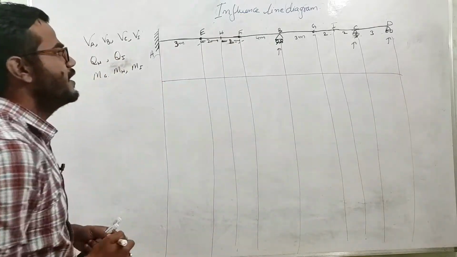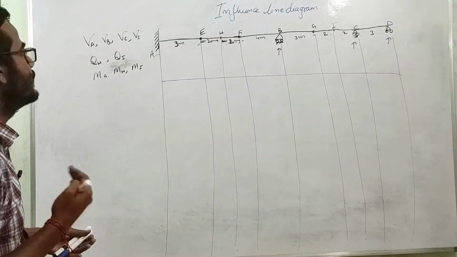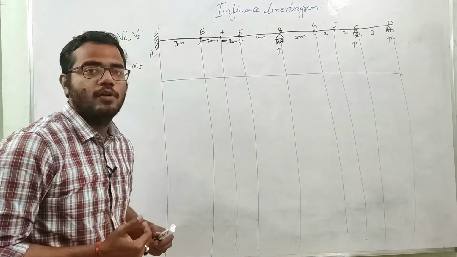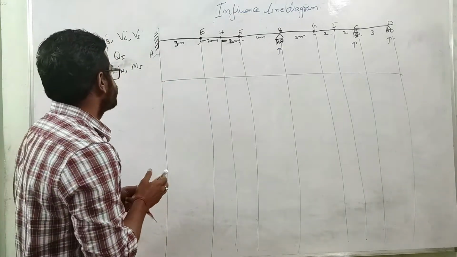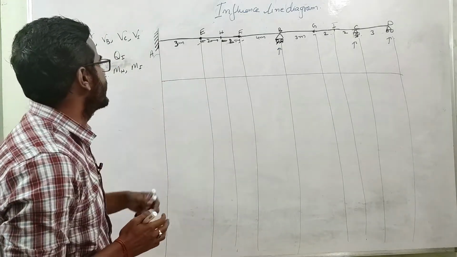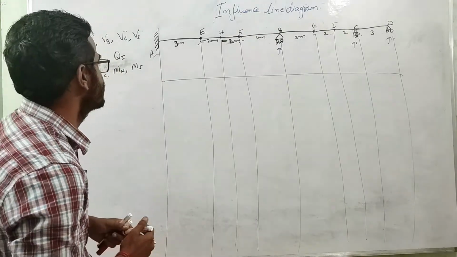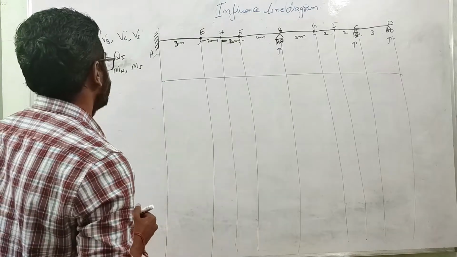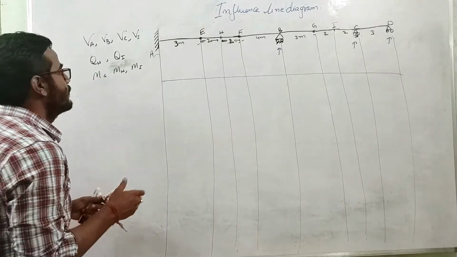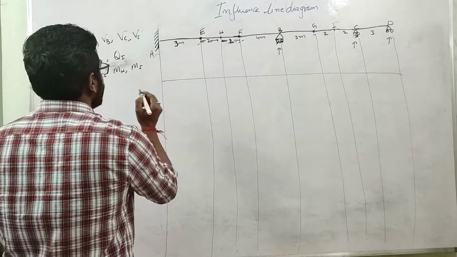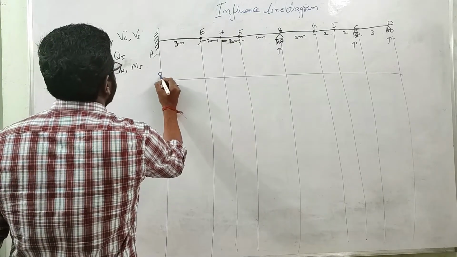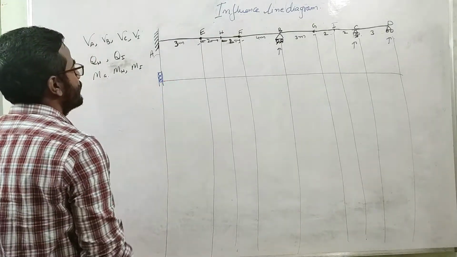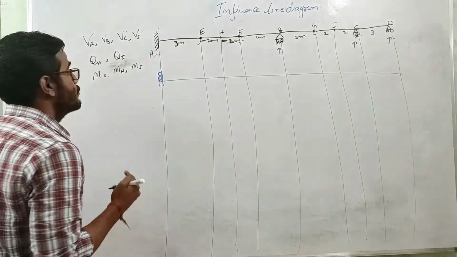First we need to find the influence line diagram for the vertical reaction at point A. By using the concept of Euler-Brace law principle, to find the ILD for this vertical reaction VA, we need to release that VA reaction and give a unit displacement along that VA, or along that force. When releasing it, we need to provide a vertical roller over here, which will help in releasing the VA force. Make sure that we are not releasing any moment over here.